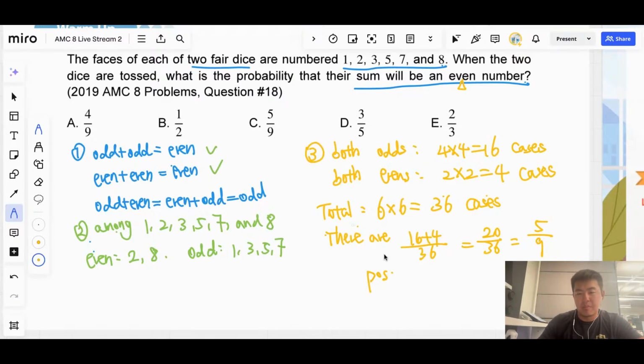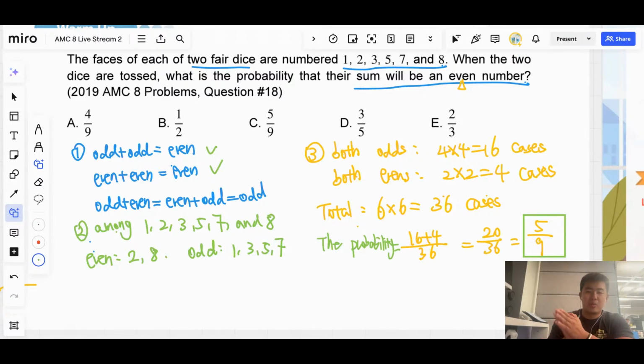So the probability is, okay, let me rearrange my words. All right, let me get my eraser. So the desired probability should be 5/9, as a fraction. The probability is equal to 5/9, right? Again, how do we get 5/9? Before we simplify, it's 20/36.